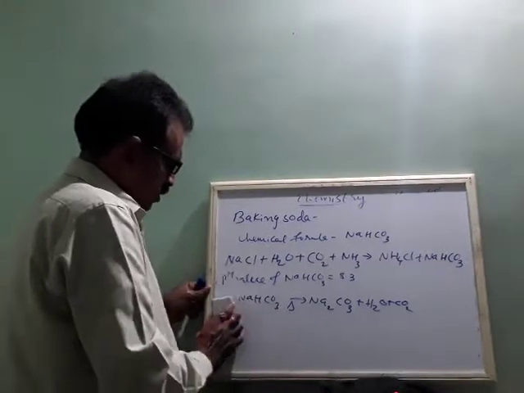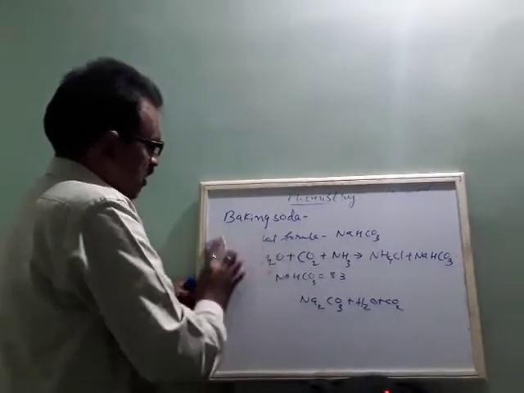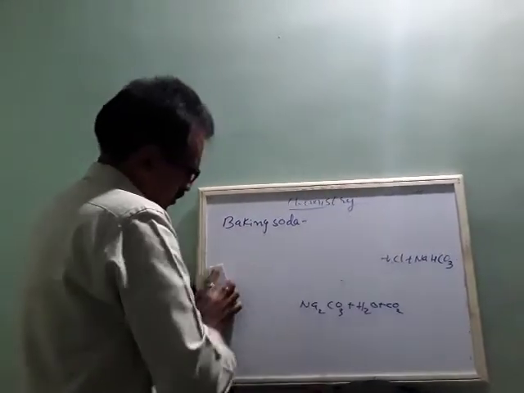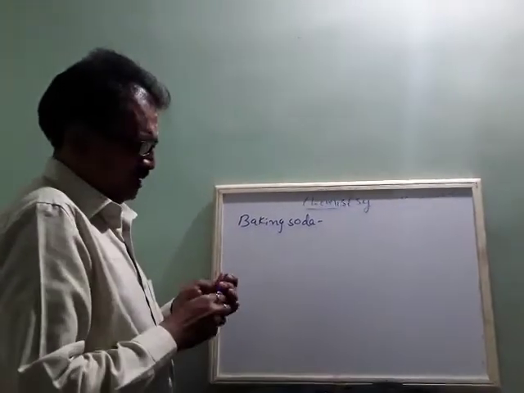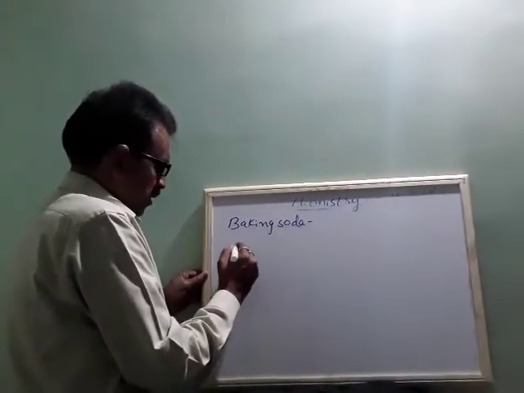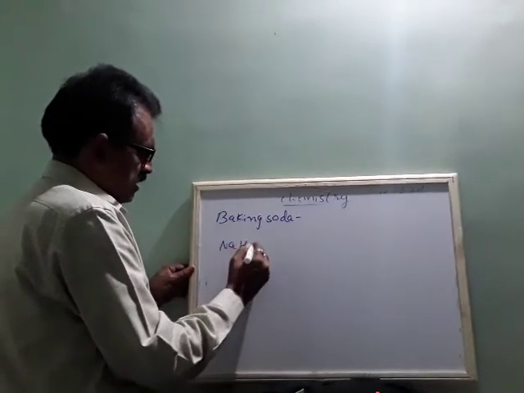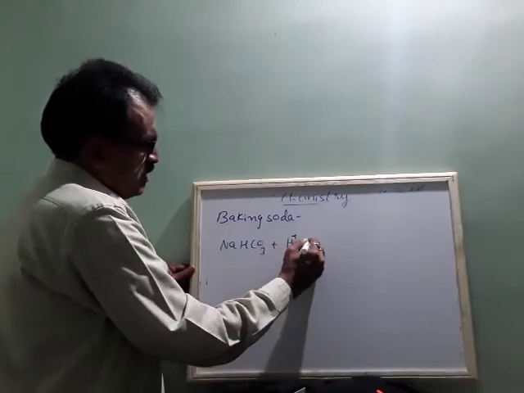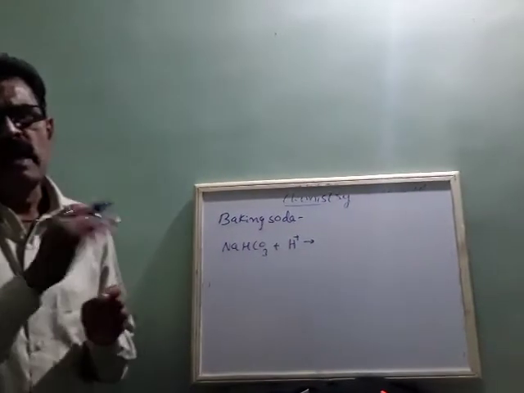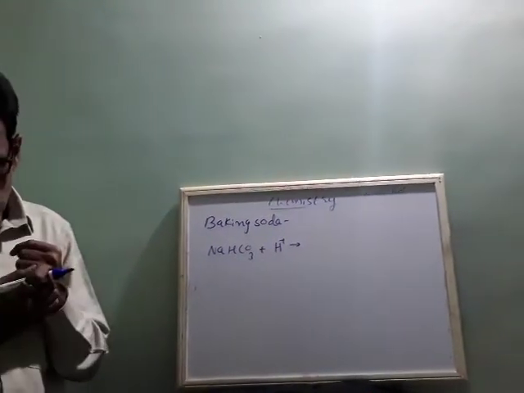Okay, so we will try to find where we use it. Again, see, I just now told you it is a mild base. So sodium bicarbonate will react with acid, or any H plus which we get from the acid.